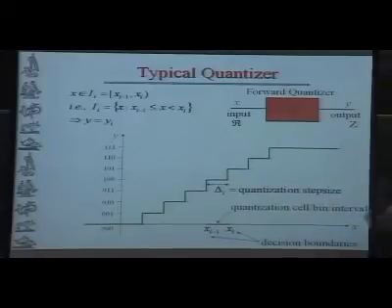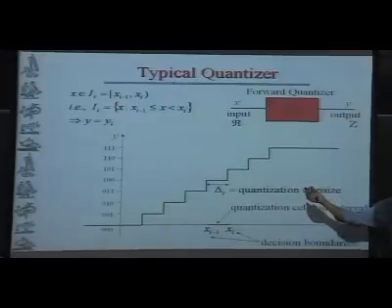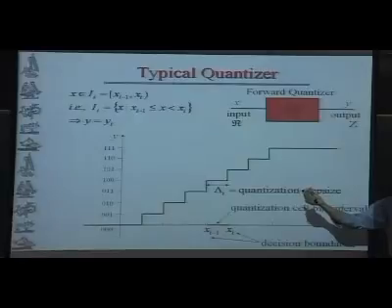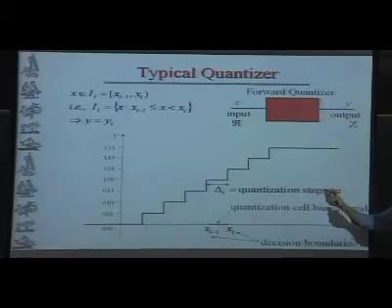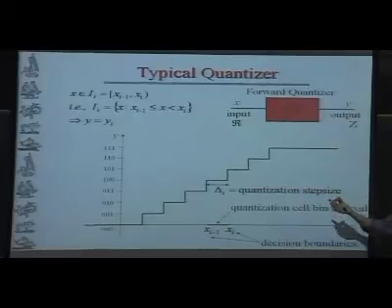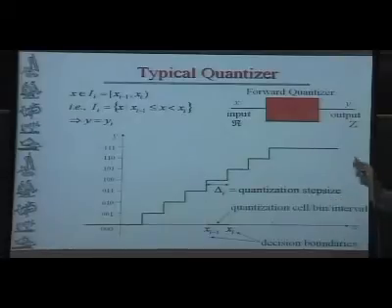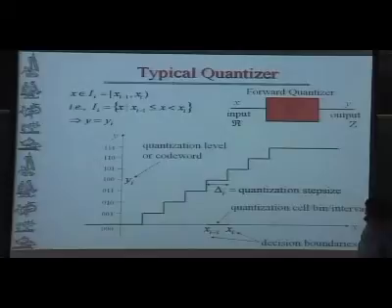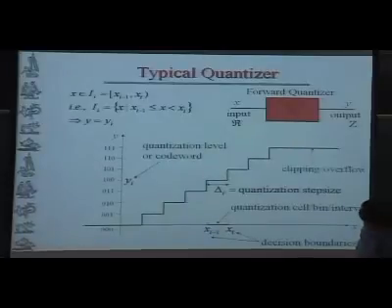It knows that the original symbols live somewhere in there, but it doesn't know exactly where it is, correct? So it will have to try to estimate it somehow, and that's the goal of the inverse quantizer. This is called the quantization level, or sometimes we call it the code word.